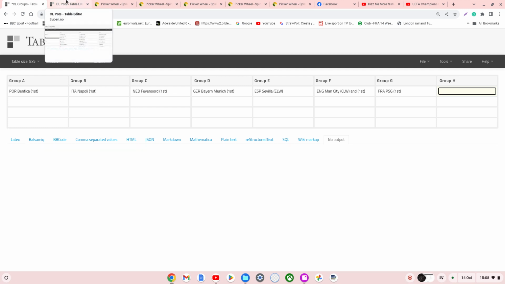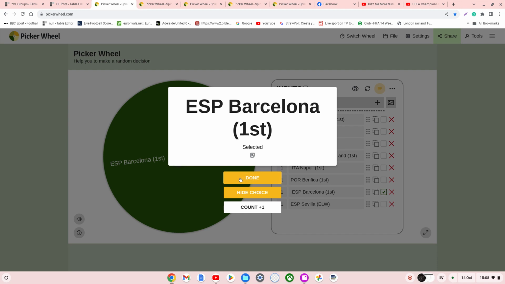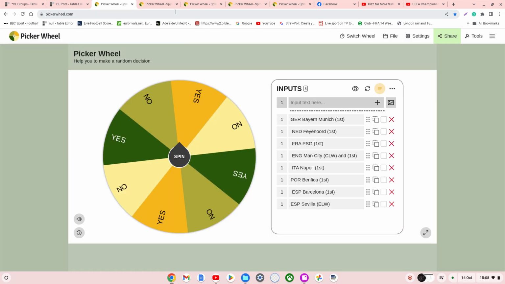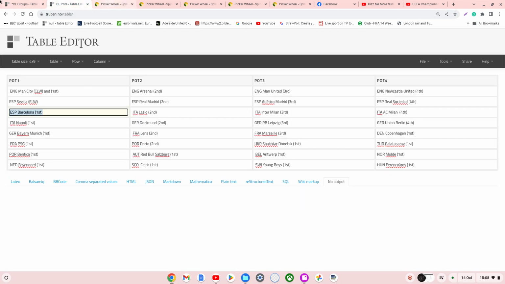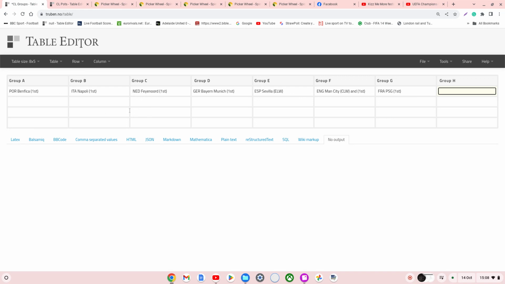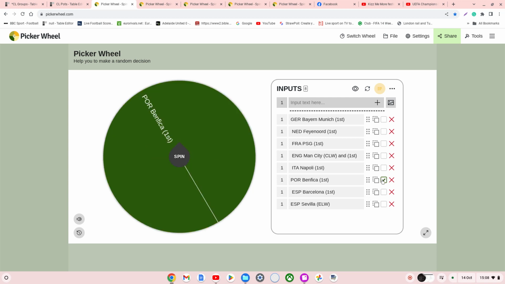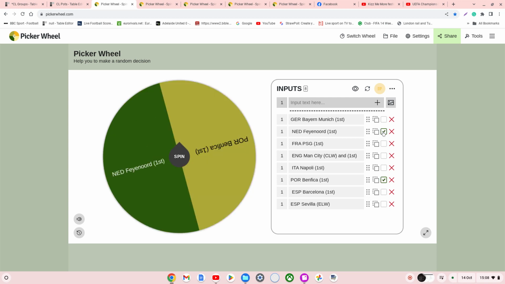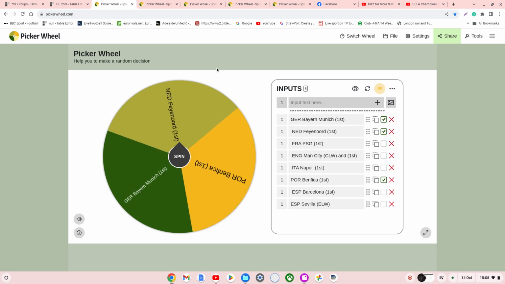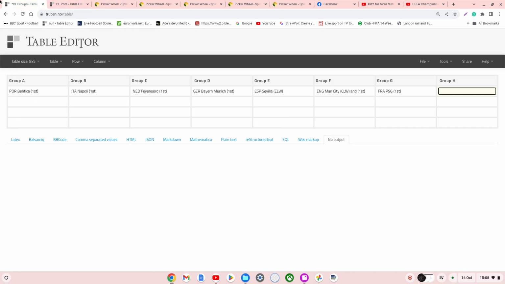So let's see. I know what I'm going to do. The teams on the left-hand side of the draw, one of them has to be removed: Benfica, Feyenoord, Bayern Munich, or Napoli.